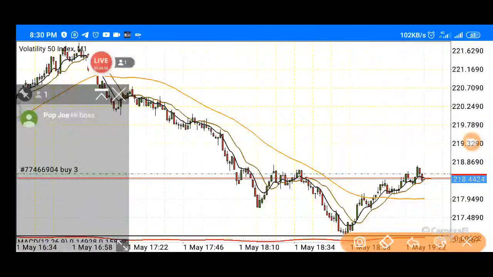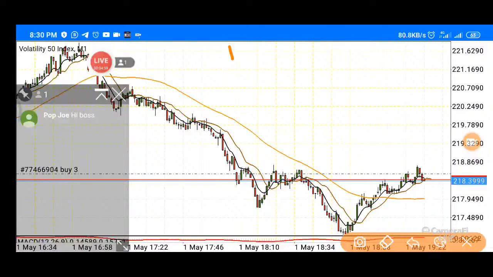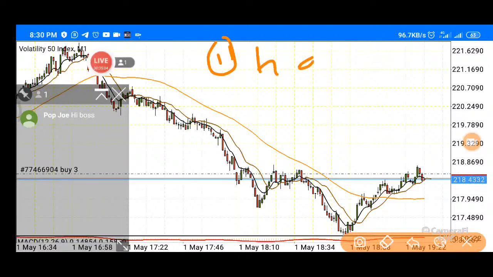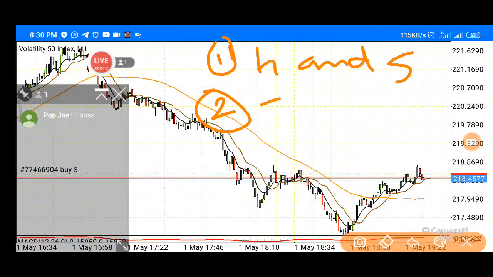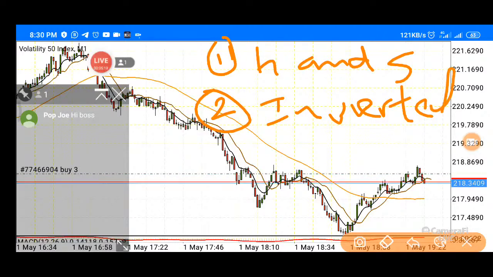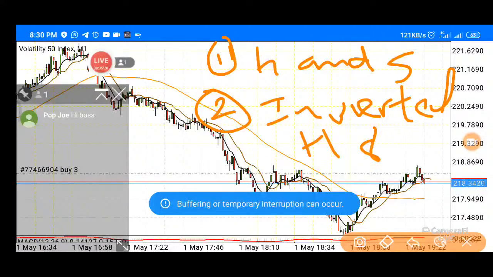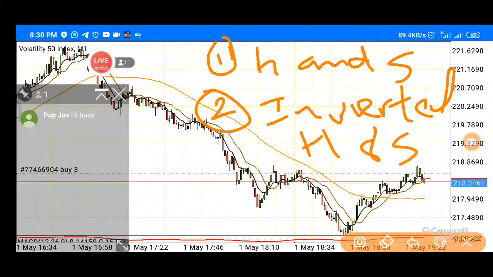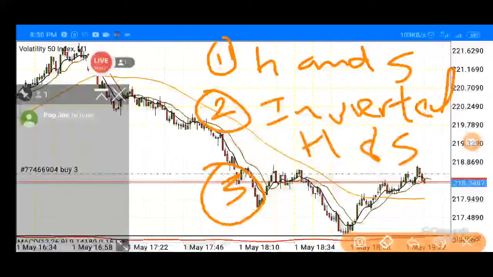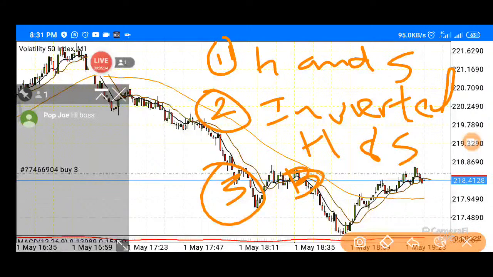We have the head and shoulders, the inverted head and shoulders, the double top, sorry.